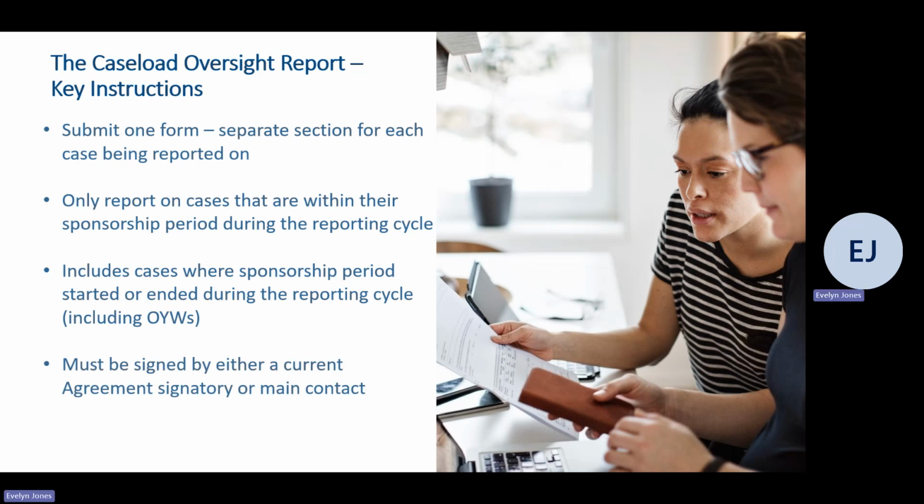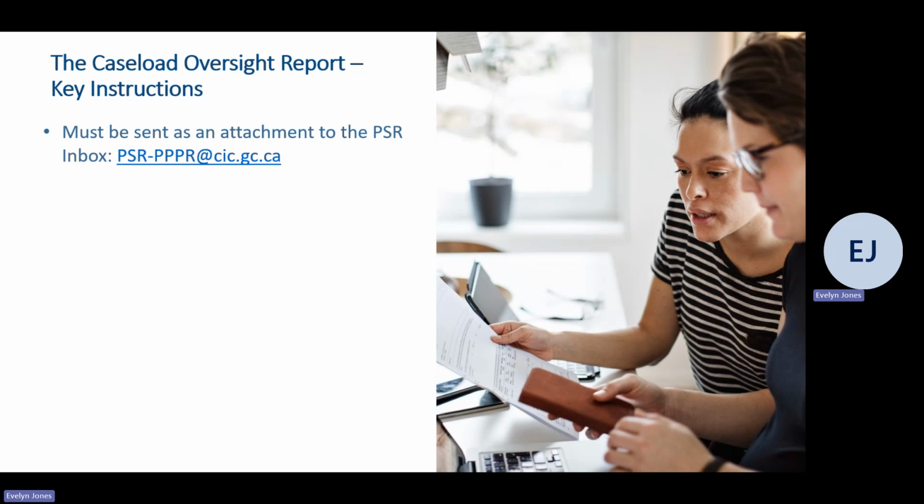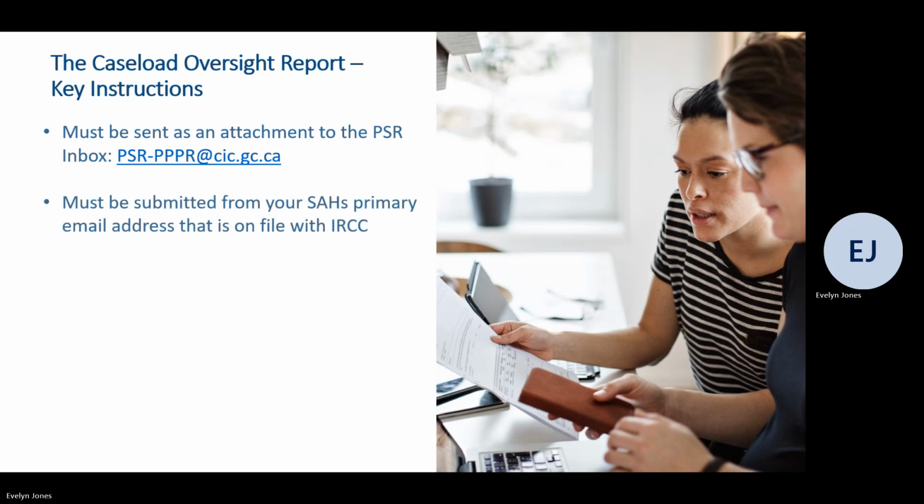The report must be signed by either a current agreement signatory or main contact. The signature can be digital or scanned. Once you've completed the report, it must be sent as an attachment to the PSR inbox.